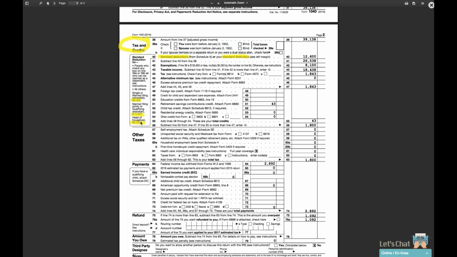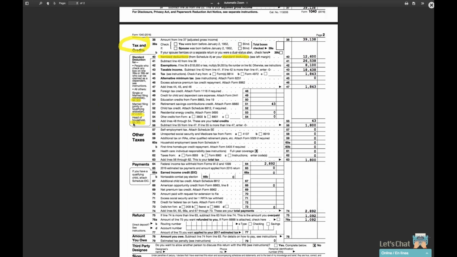He has the receipts that prove he has the expenses, but he doesn't have enough expenses, right? When you add them up, your expenses are not over 6,300. When you're single, your standard deduction is 6,300. When you're married filing jointly, it's 12,600, and when you're head of household, it's 9,300.